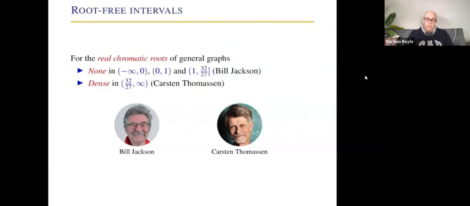Well, that's trivial. 0 to 1 is easy, and then 1 to this strange number 32 over 27. And Carsten Thomassen finished things off by showing that chromatic roots are dense from then onwards, forever onwards. Okay, but this is for general graphs, not for planar graphs, and so we haven't contradicted the Birkhoff-Lewis conjecture.